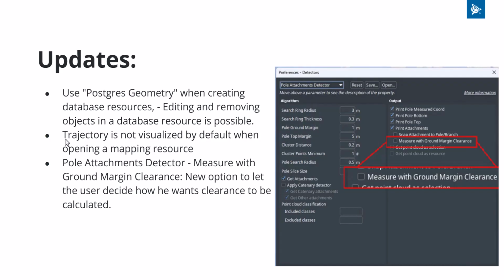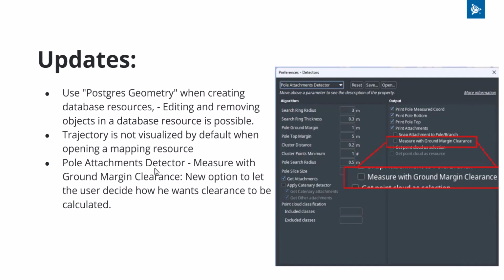The second one is that trajectory is not visualized by default when opening a mobile mapping resource. We've got feedback multiple times that some customers found it irritating. The third improvement is an additional option for the pole attachments detector.